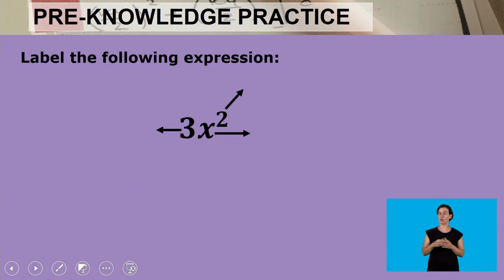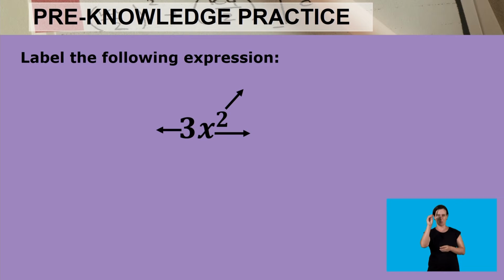So let's start off our lesson with those pre-knowledge questions. We're going to start here by labeling the following diagram. Now, can we label this diagram? Yes, let's start with, well, firstly, the expression that we have been given here is 3x squared. Let's start with the 3. We know that that 3 is, yes, a coefficient.